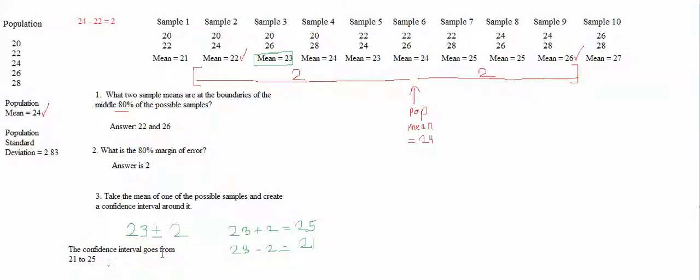And notice how when we created our confidence interval, we took the mean of sample 3 and we added and subtracted the 80% margin of error, which we found out was 2. If we're adding and subtracting the 80% margin of error, the confidence interval is called an 80% confidence interval.